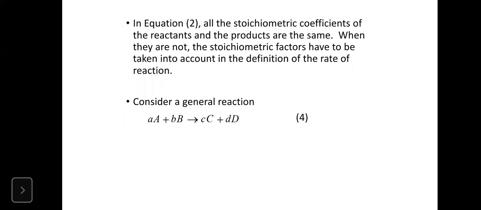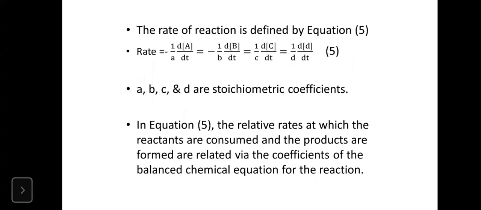But if you want to write the rate of reaction, this is how you write it. The rate of reaction is defined by equation 5. Because A is a reactant, you put a negative sign, and then you divide it by the mole coefficient, the stoichiometric factor. In equation 2, the stoichiometric factor was 1, so 1 over 1 is equal to 1.